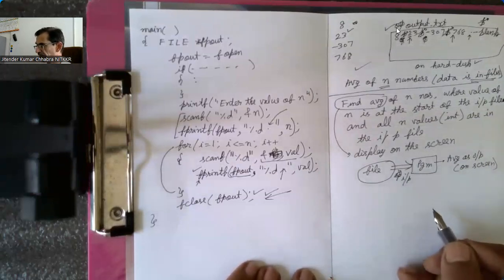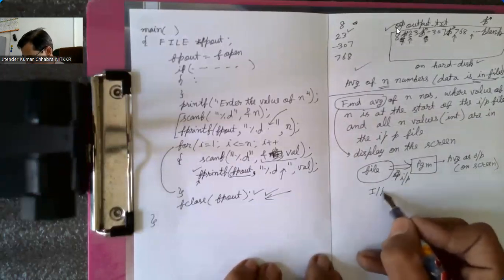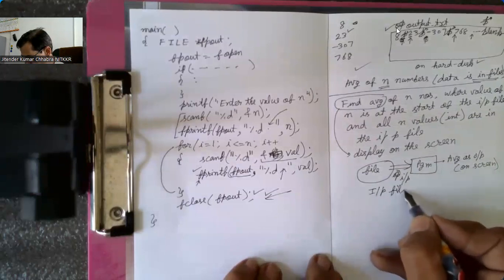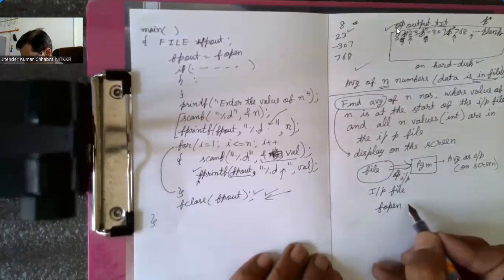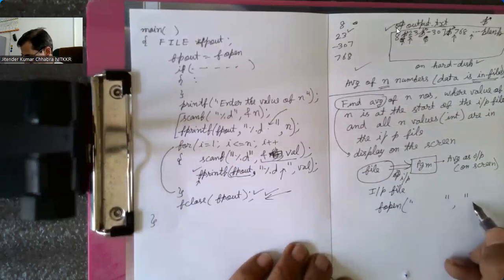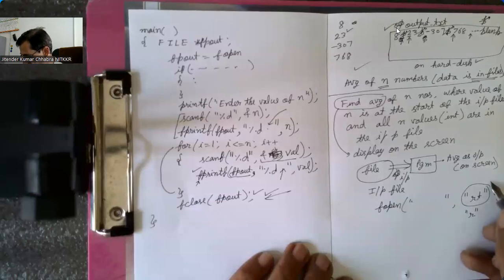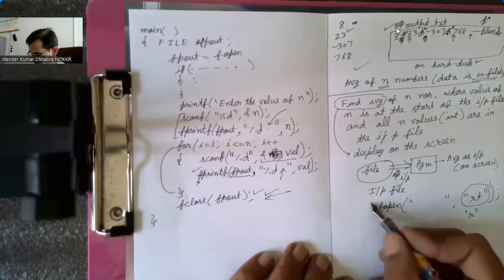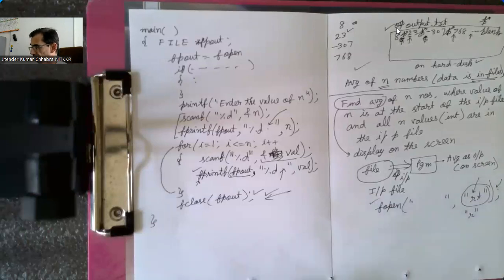I can have multiple files, but now I want this to be an input file. So if I have to use an input file, again, the fopen command will remain the same. The file name will remain whatever it actually is, but I will say read mode, rt, or you can also write simply r because the t is default. So that is the only change. Instead of w, we will write r.